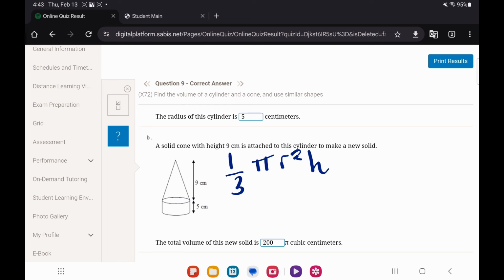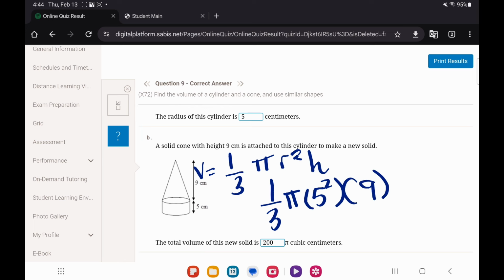Okay, so let's do this. Volume equals 1/3 pi, which stays the same. We already found the radius, and it's 5 from the other part, so 5 squared. And the height here is 9. Here we can simplify 9 and 3, so it becomes 1 and 3.